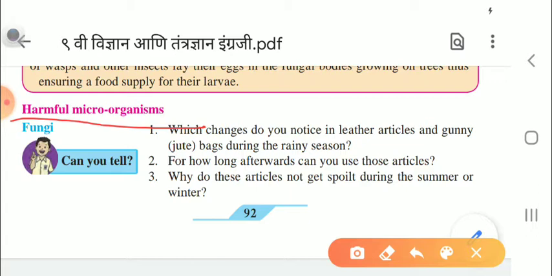So you can see what changes are occurring: white or greyish thread-like structures are formed there. For how long afterwards can you use those articles?